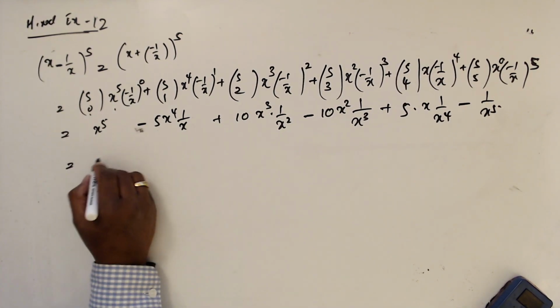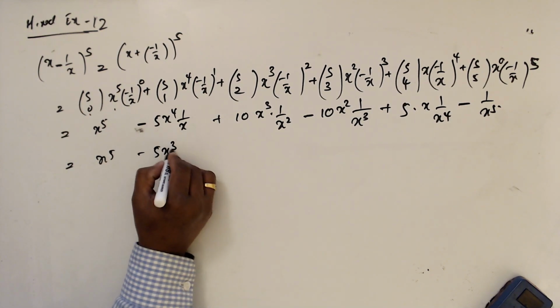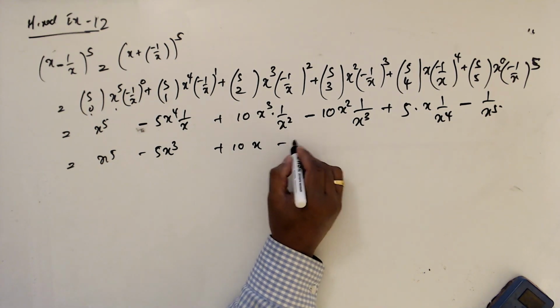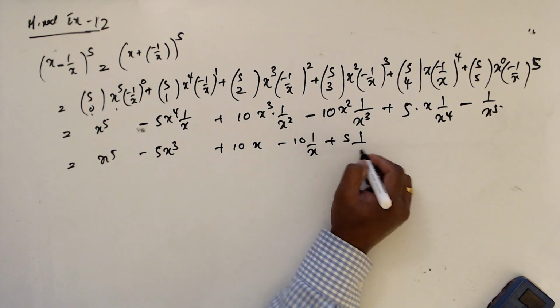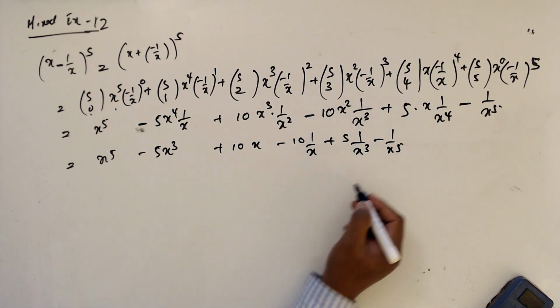Now simplify: x^5, this is 5x^3 and this is 10x. This is minus 10 times 1 over x, plus 5 times 1 over x cubed and minus 1 over x^5.